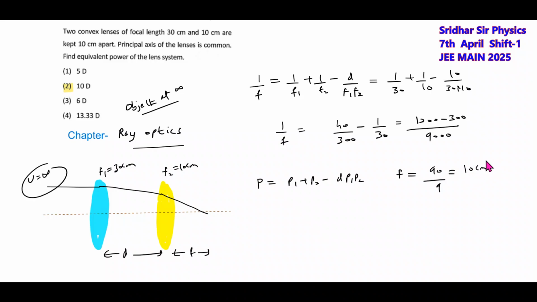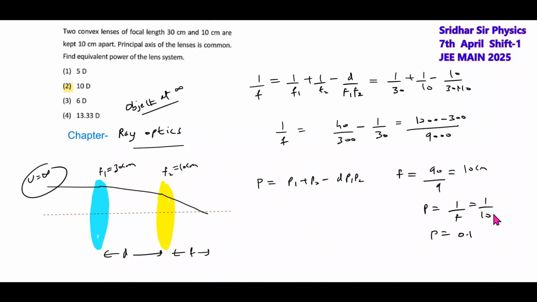So F equals 90 by 9, that is 10 centimeter. In terms of diopter, the power will be the reciprocal of this, 1 by 10, 0.1, but we have to express this in meters.